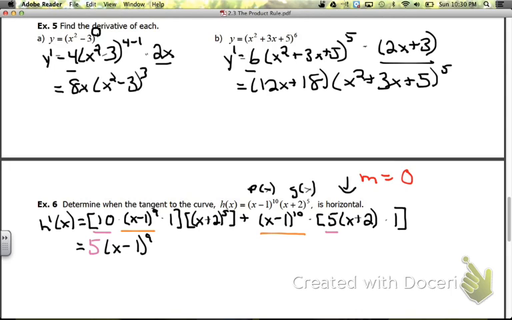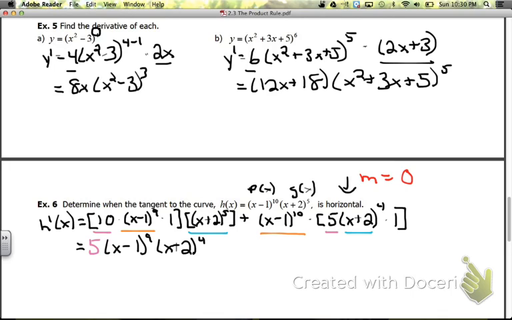And then I also can see, looking at both sets here, I have an (x+2)^5 and an (x+2)^4, there should have been a 4 written there before. So I can look at those two and I can see that I need to take out an (x+2)^4.